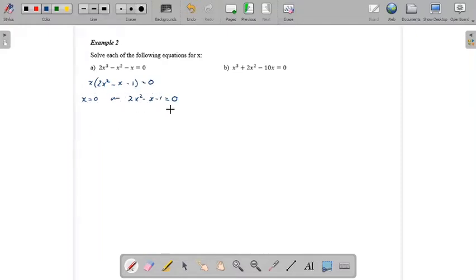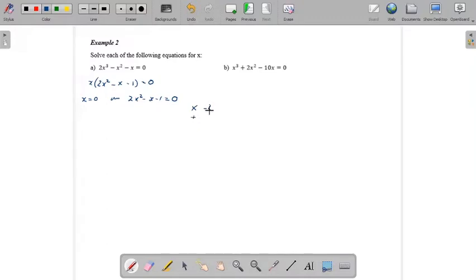Now we have to see whether we can get solutions from this quadratic. Can we factorise it? We're looking for 2 numbers that multiply to give the product of 2 and -1, so 2 times -1 is -2.